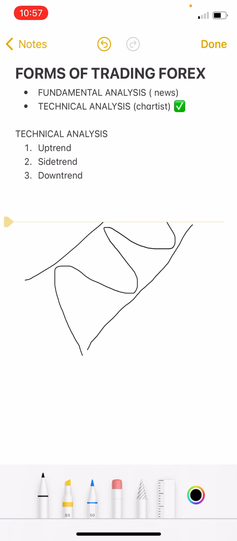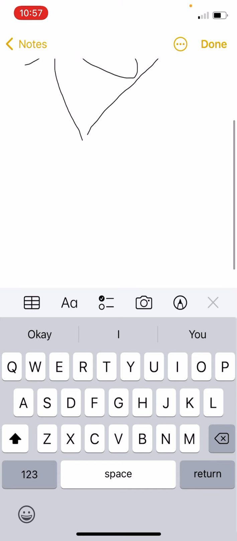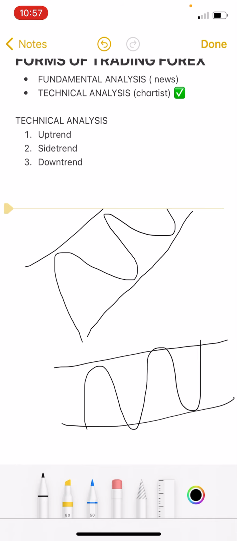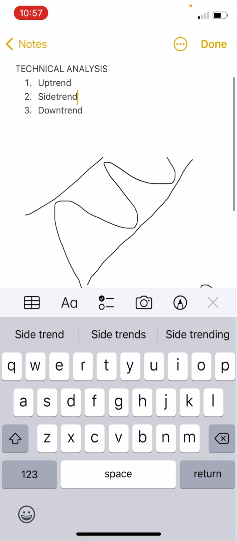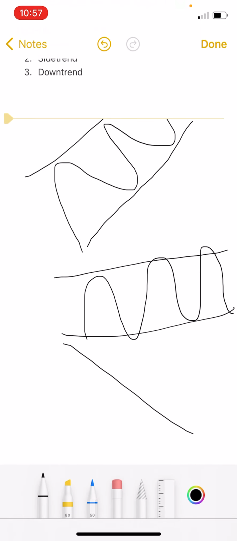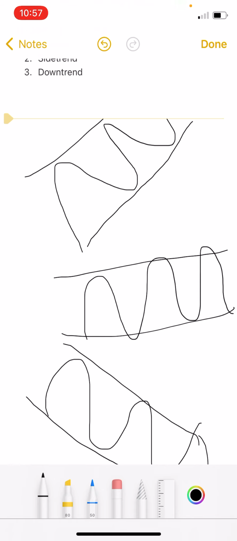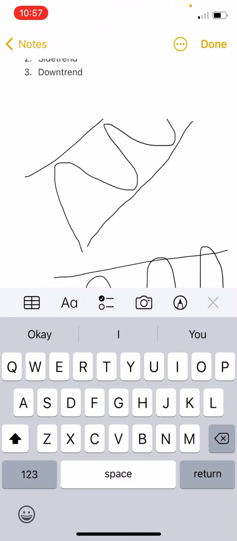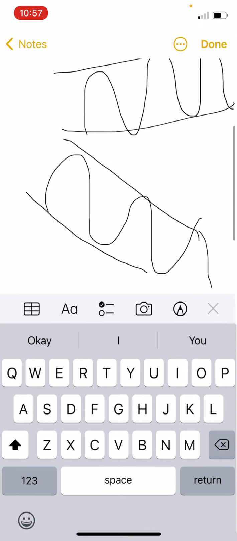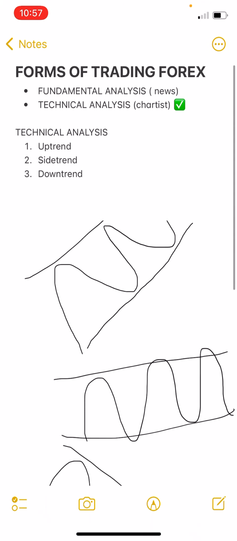For the side trend, it looks something like this. Then for the downtrend, something like this. Now, these are the three forms of trend: the side trend, the uptrend, and the downtrend.